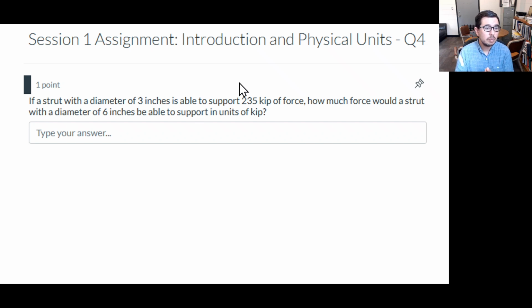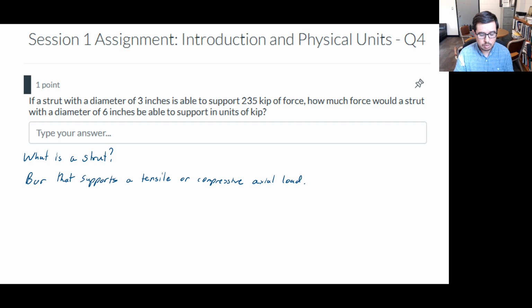In this problem, we are asked to predict how much force a strut with a modified diameter might be able to handle. And the first question we might ask ourselves is, what is a strut? Well, a strut is really just a bar that supports a tensile or compressive axial load.